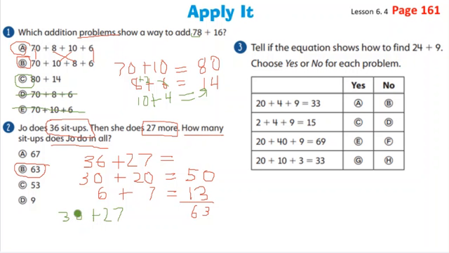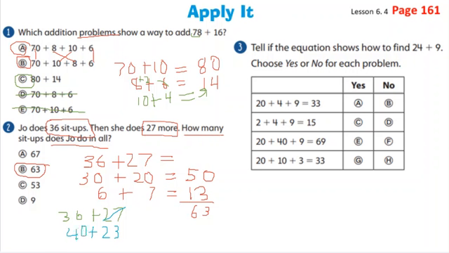So I have 36, and then every time I add a 1, I want you to put up a finger. That's 36, 37, 38, 39, 40. Whoa, I have 4, so I need to add 4 over here. So I'll take 4 away from there. So taking 4 away, that's 23. And then that's 40.